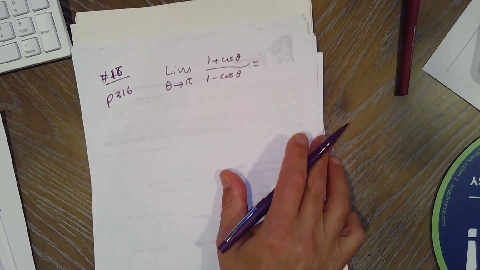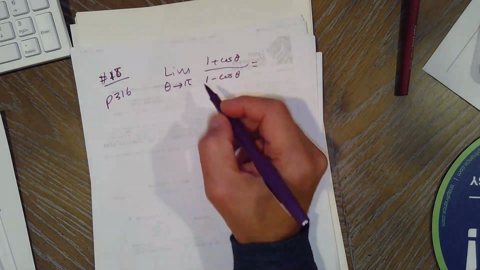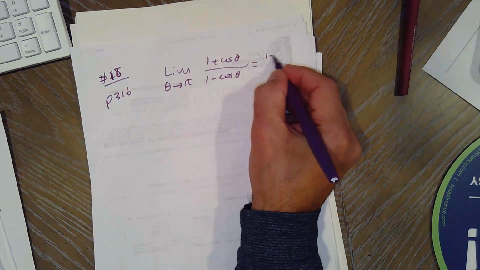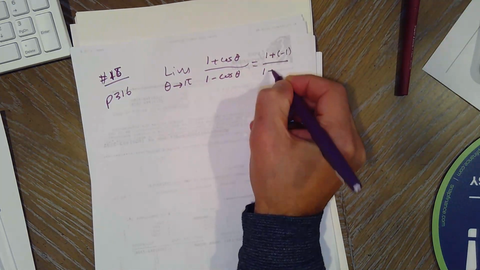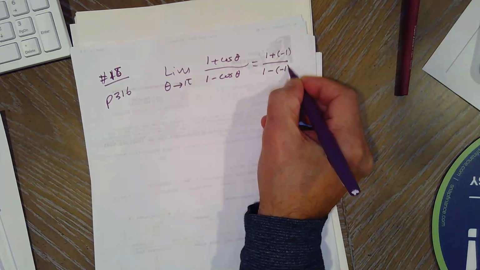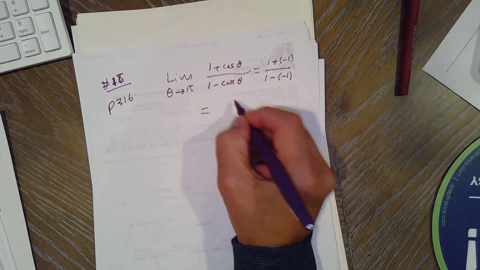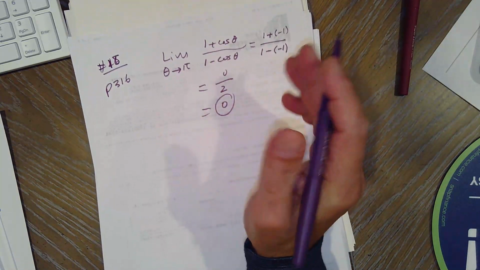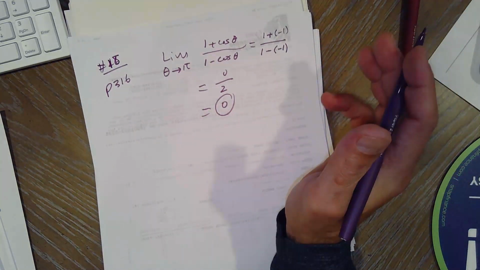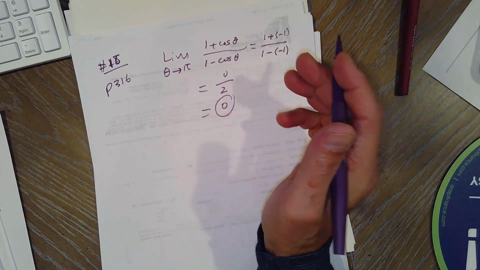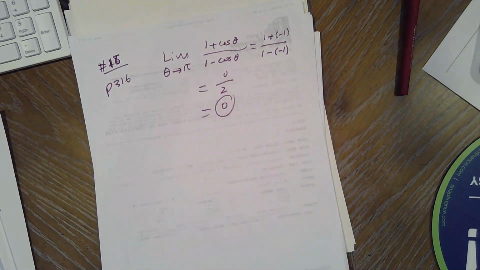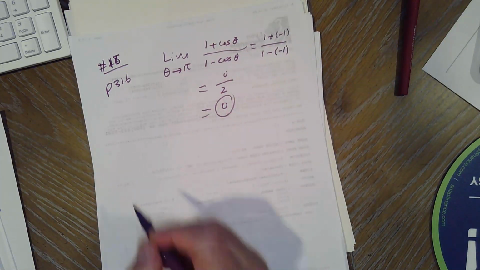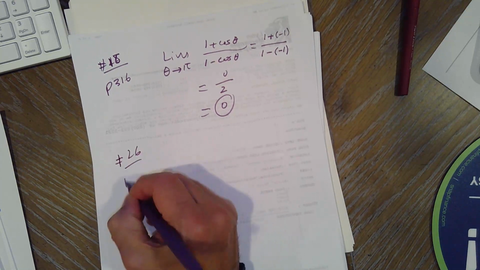If we plug pi in for theta, 1 plus cosine pi is 1 plus negative 1, and 1 minus negative 1 is 2. So it's 0 over 2, which is not indeterminate, it's 0. So there's no need for any other rule, let alone L'Hopital's rule. You're not going to always do L'Hopital's rule. If you have an answer, you're done. Okay, 26, page 316.